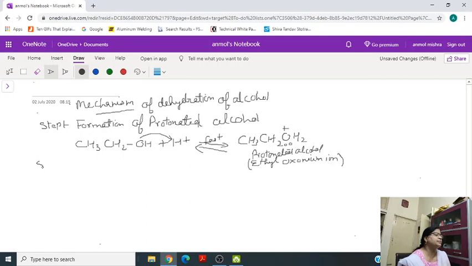Now second step is formation of carbocation.